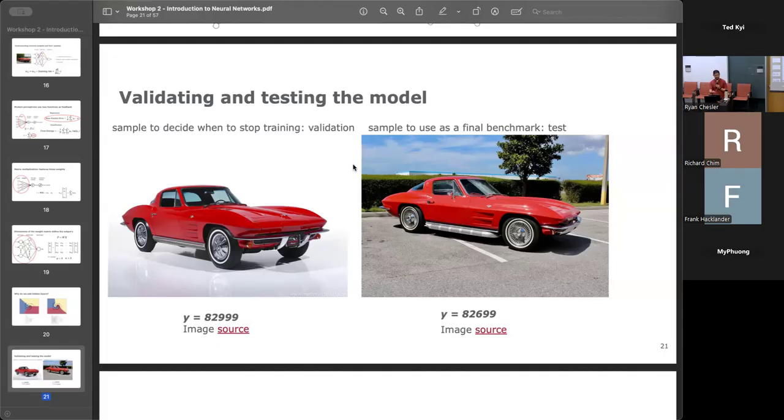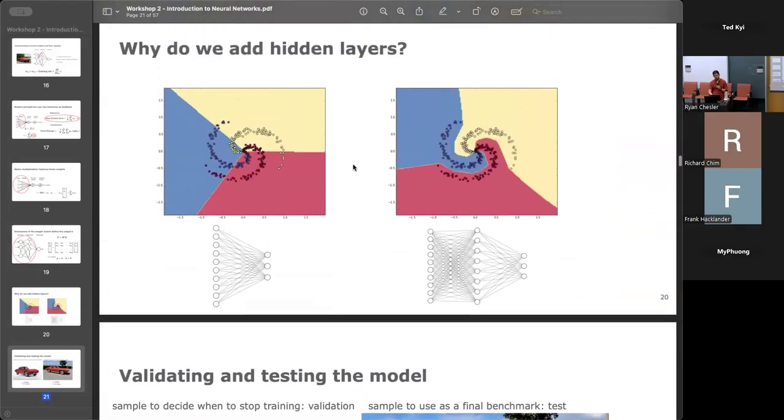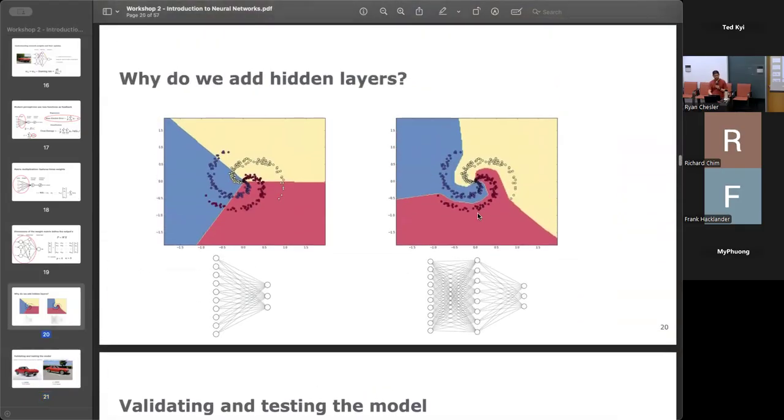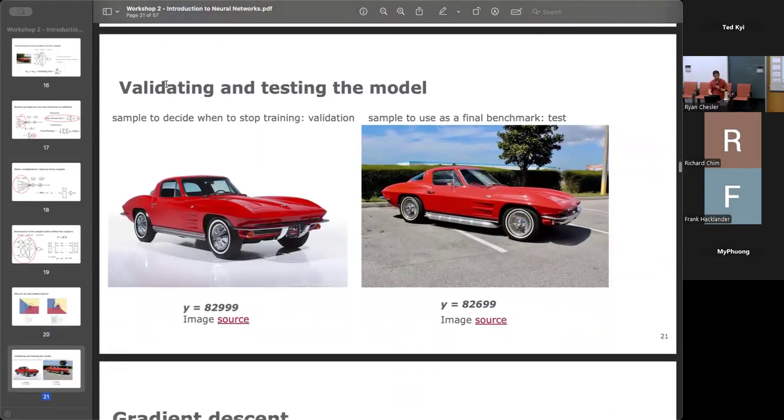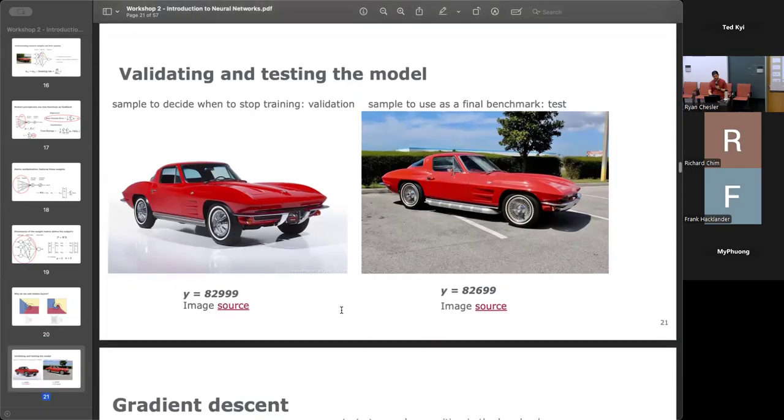I'm not trying to get better on the training data. That's a mistake I see some people fall into: they say, oh, look, I got something perfect. But then you apply it to some new data and it's not actually well generalized. So this is a very important concept: you want to set aside some data in order to measure your performance against.